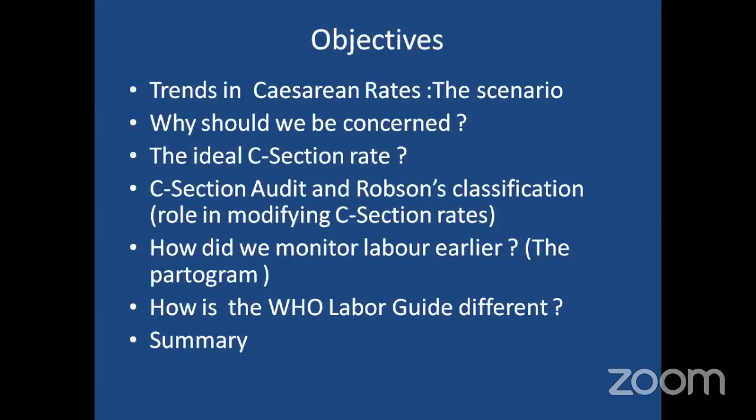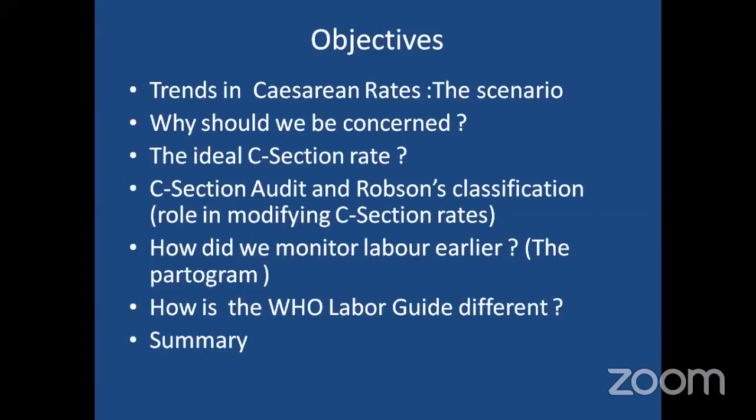Now, what I propose to do today is to take you through these points. Number one, trends in Caesarean section rates. What is the scenario today? Number two, why should we be concerned at all? Number three, the ideal Caesarean section rate.